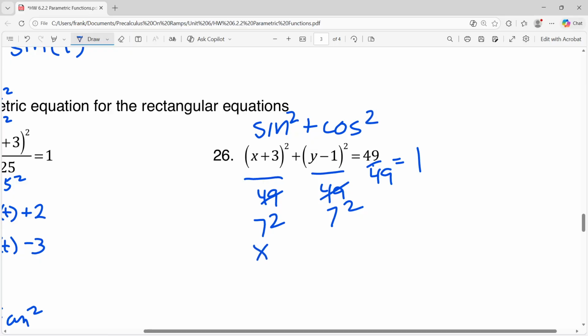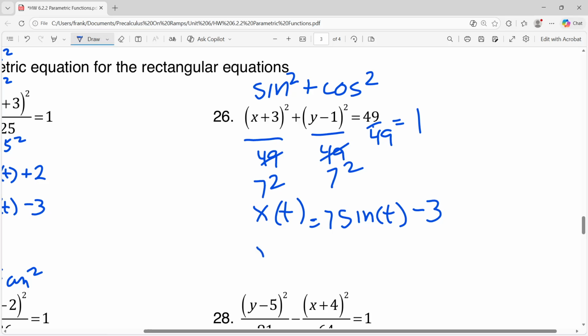So I'll put x plus 3 over 7 equals sine of t. I will multiply by 7, subtract 3, and I get x of t equals 7 sine t minus 3. And then y is going to be y minus 1 over 7 equals cosine t.